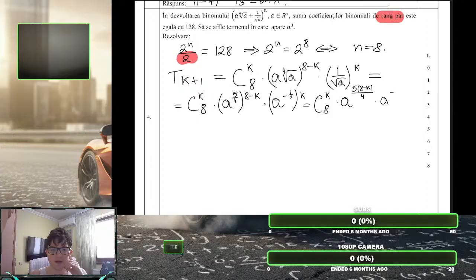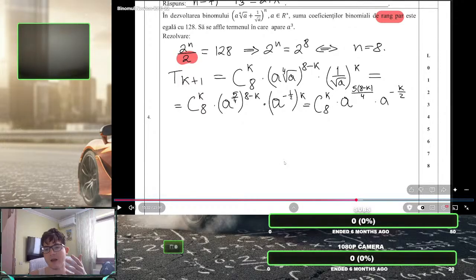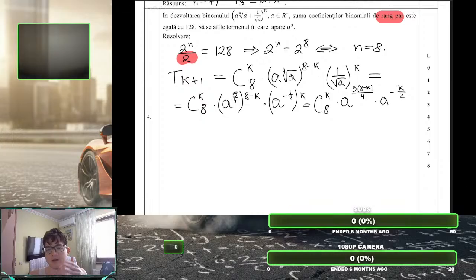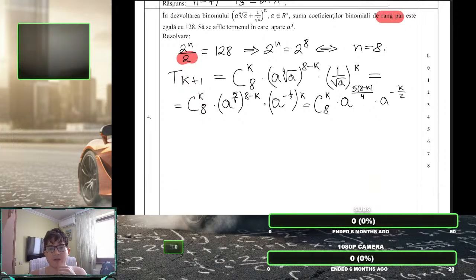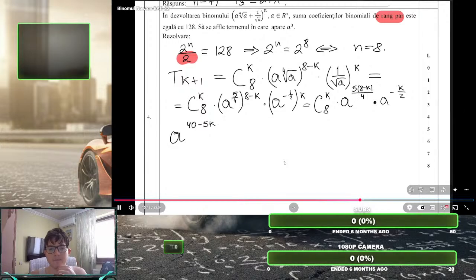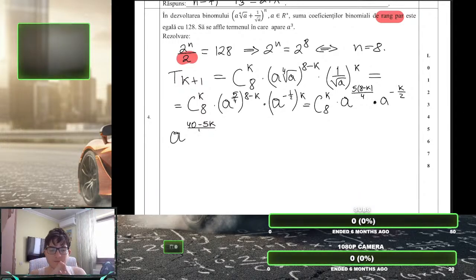And right there minus k divided by 2. So just take the a terms. As it's times, you add the powers, so it's still going to be minus. And all of that is equal with a to the power 3. Work with the powers as we got the same base.